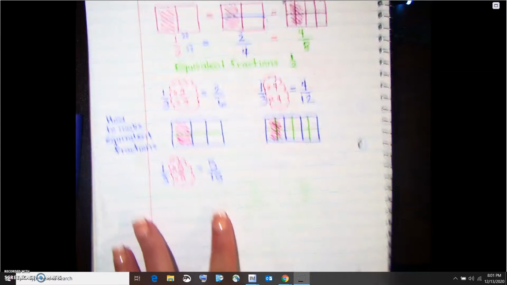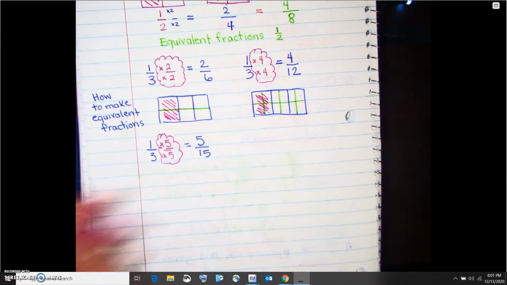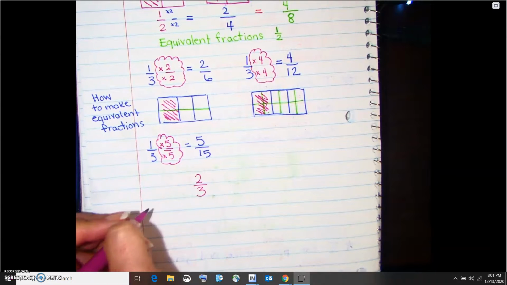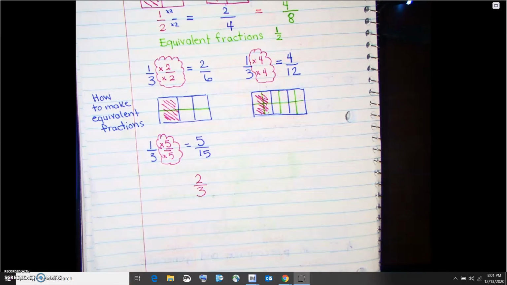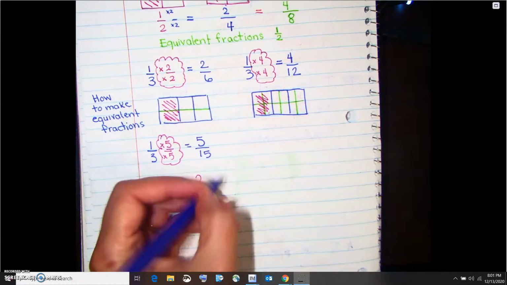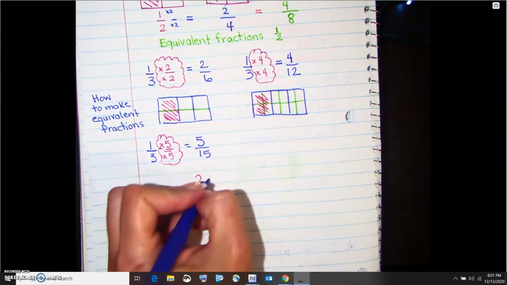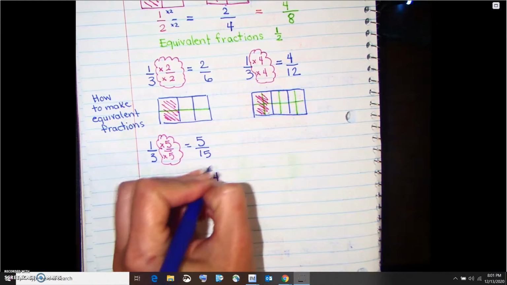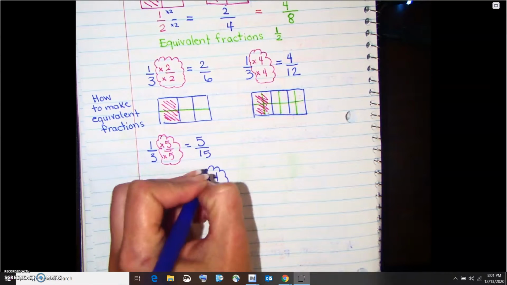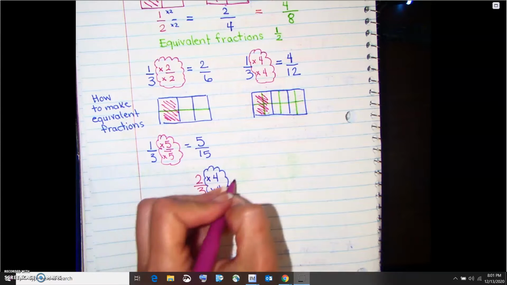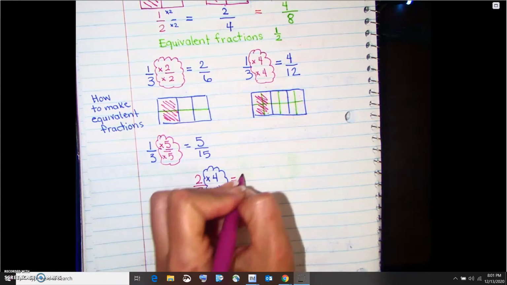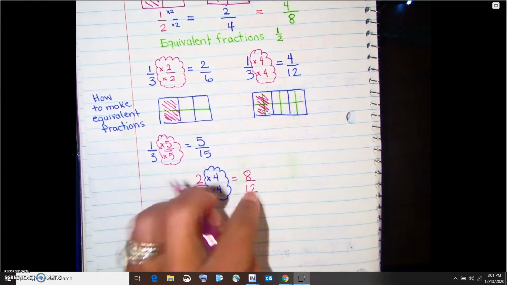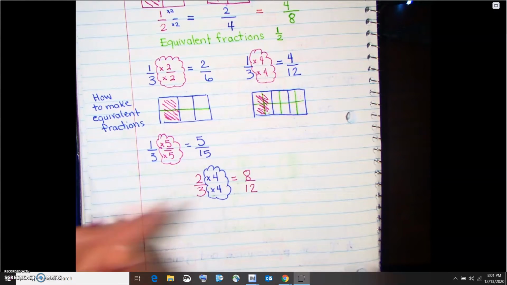So the thing to remember is whatever your fraction is, if I have 2/3 and I'm asked to make equivalent fractions, all I have to do is multiply by how many pieces you want, but whatever you do, you multiply the top and the bottom by the same number, and that's our think. 2 times 4 is 8, and 3 times 4 is 12. So 8/12 is the same as 2/3.